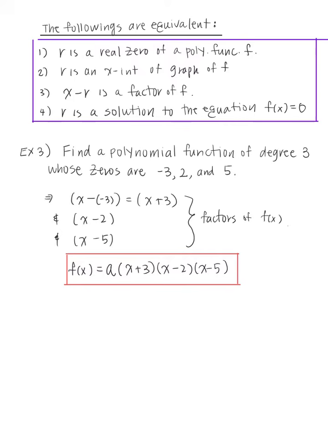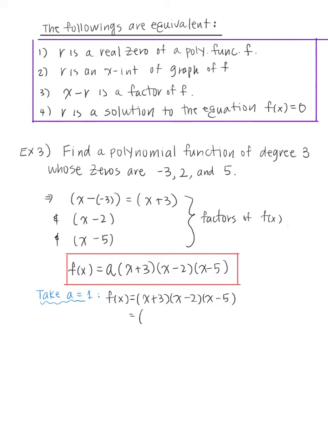Okay, now let's just play with this function for a little bit. What I'm going to do is take a equals to 1, just like how we had it before. Now, if I take a equals to 1, then our f of x is just going to become (x plus 3)(x minus 2)(x minus 5). So let's just multiply this out.